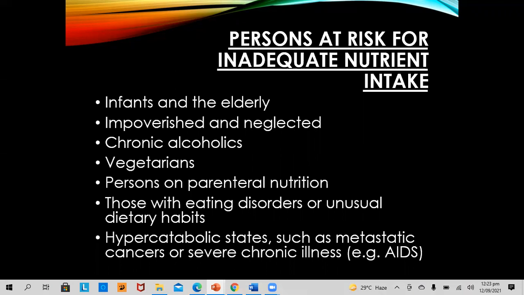Patients on pure vegetarian diets. Persons on parenteral nutrition. Those with eating disorders or unusual dietary habits, and persons suffering from hypercatabolic states, such as metastatic cancer or severe chronic illness, for example, HIV.